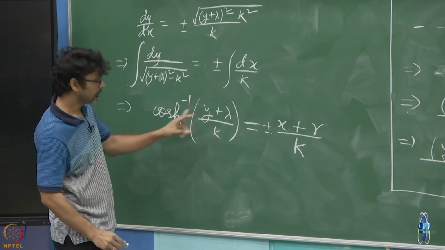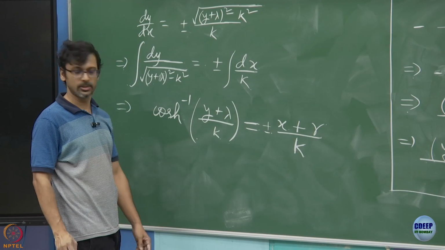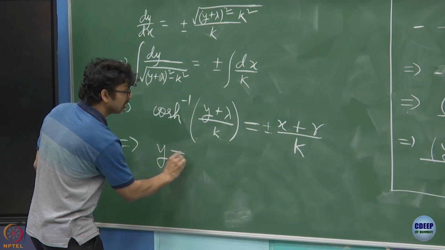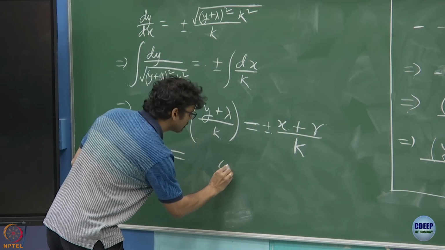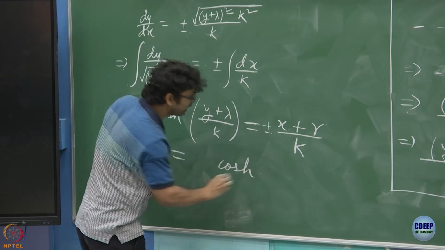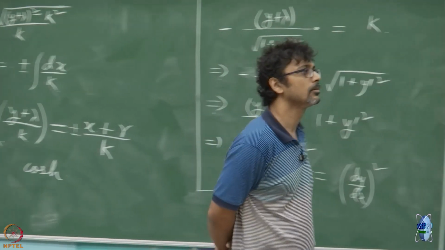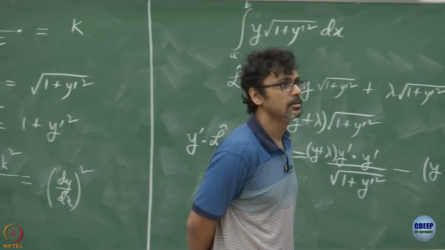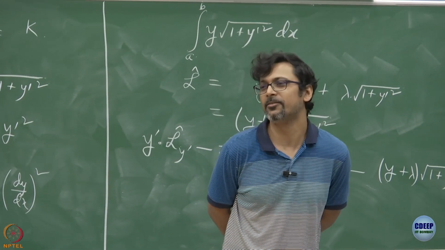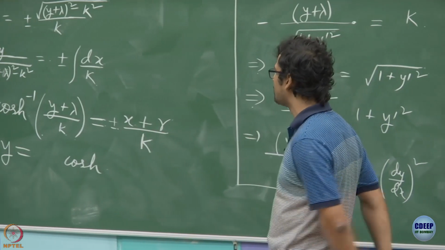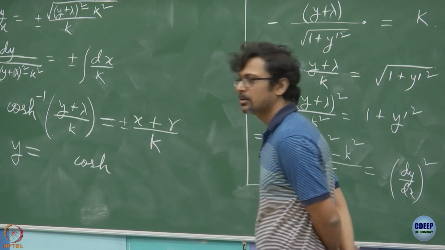That if you now take the inverse mapping on both sides, you will get y is equal to cos hyperbolic. Why did I say that this plus or minus sign won't matter? Cos hyperbolic is an even function, right? It's e to the x plus e to the minus x. So whether you take this plus or minus, it really won't matter.